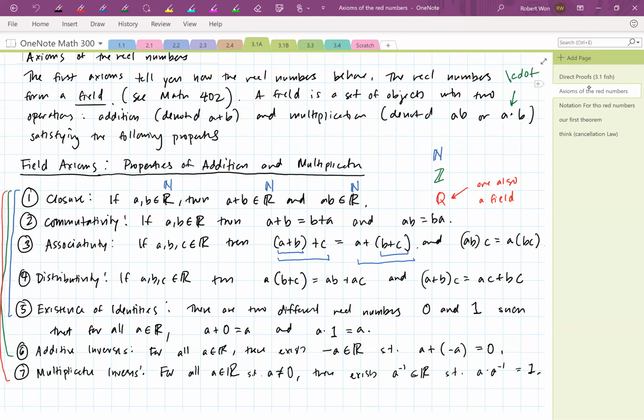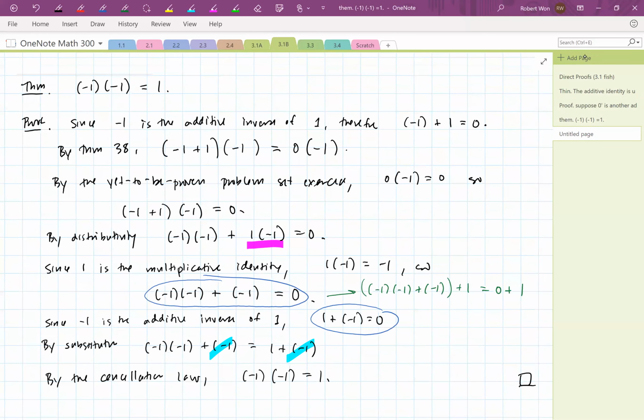But one thing that we have not yet made any axioms about is the fact that the real numbers have an order. Here's all the things I assume about the real numbers. I haven't said anything like, oh, 0 is less than 1. So we're now going to introduce some more axioms, which I'll call the order axioms.